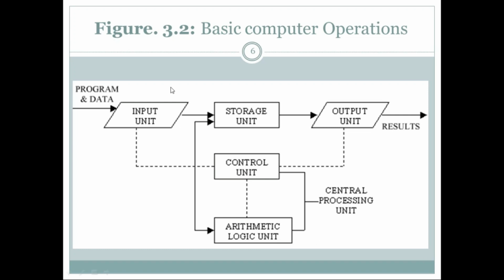It takes data as input from here. It is transferred to the storage unit. It is then transferred to output and there will be a result. Here there is a control, and the storage unit can be arithmetic logic, and there is also the CPU.